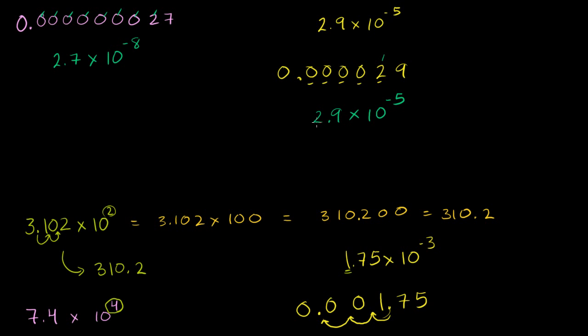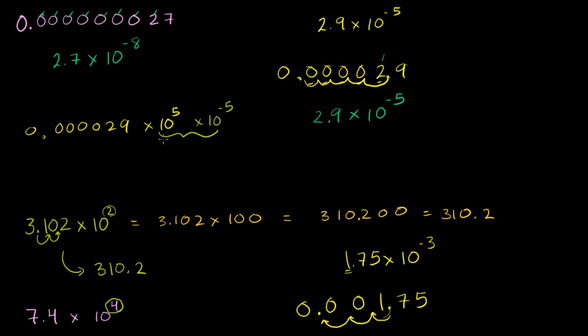And once again, this isn't just some type of black magic here. This actually makes a lot of sense. If I wanted to get this number to 2.9, what I would have to do is move the decimal over 1, 2, 3, 4, 5 spots, like that. And to get the decimal to move over to the right by 5 spots, say with 0.000029, if I multiply it by 10 to the fifth, I'm also going to have to multiply it by 10 to the negative 5, because I don't want to change the number.